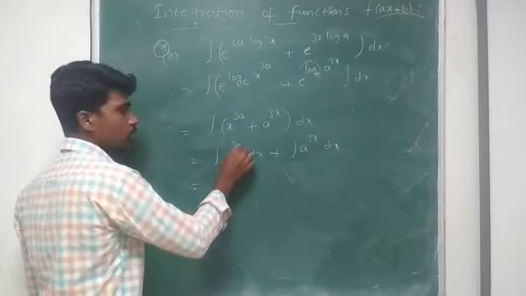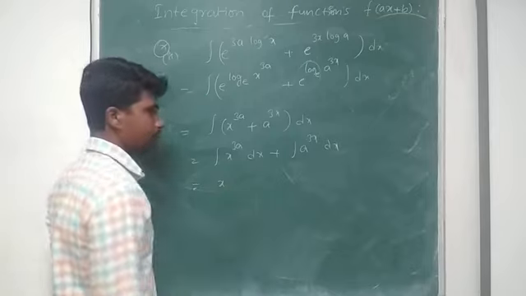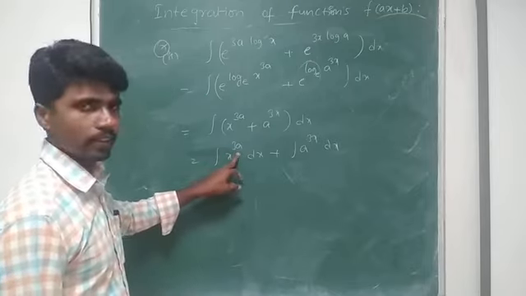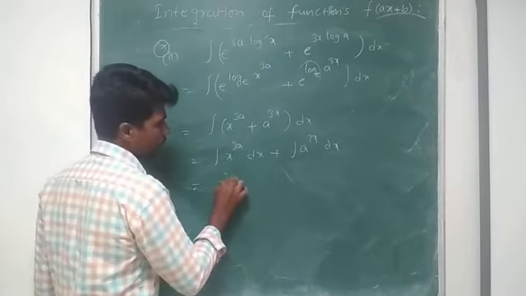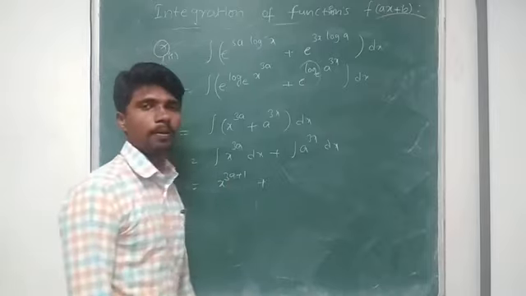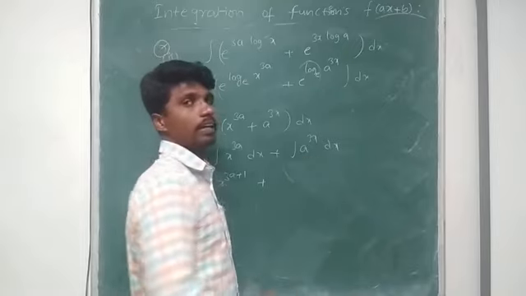So it is in the form x to the power of n, so n plus 1. So x to the power of n plus 1 by 3a plus 1, plus a to the power of ax plus b.